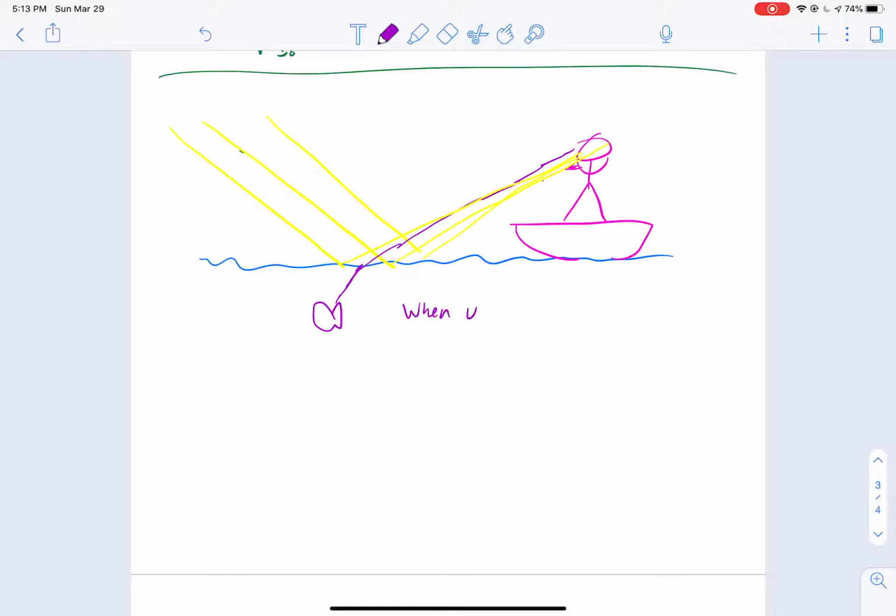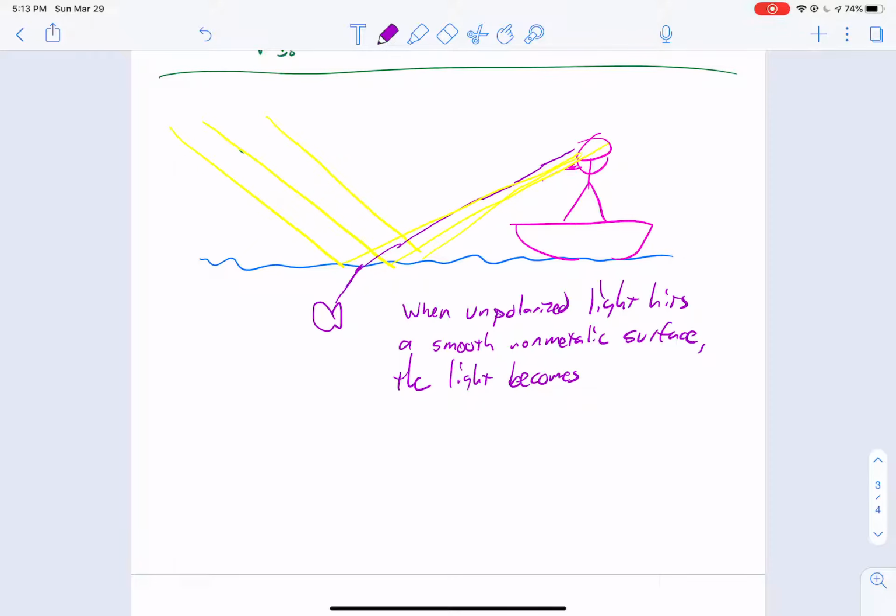When unpolarized light hits a smooth, non-metallic surface, so water is a great example of this, the light becomes polarized in the plane of the surface.